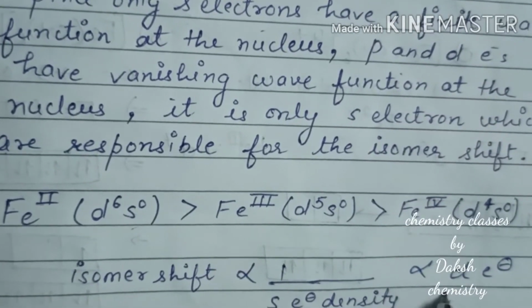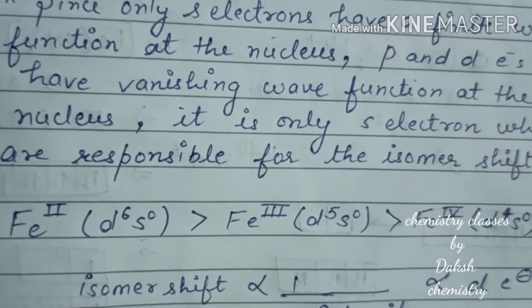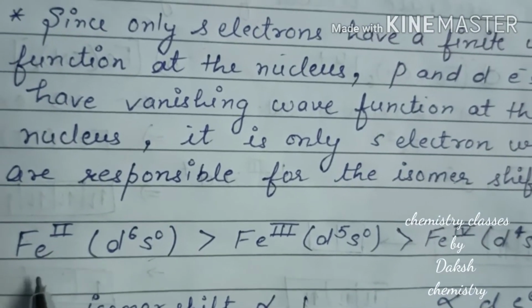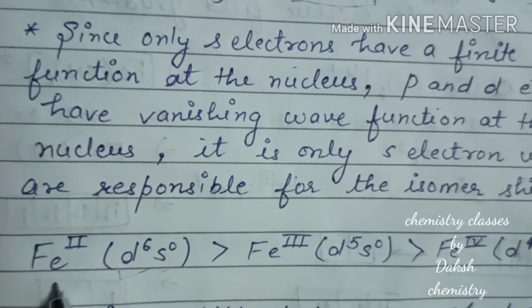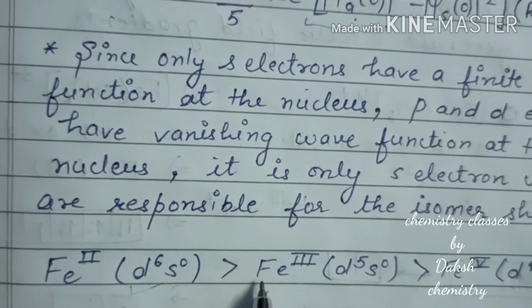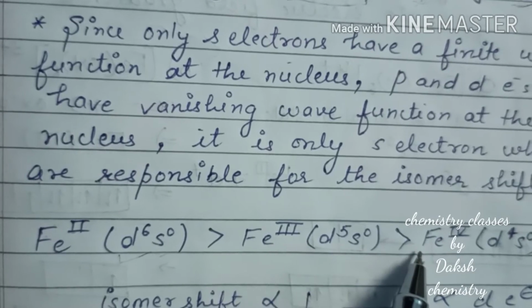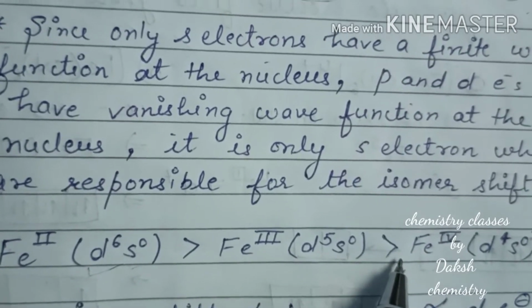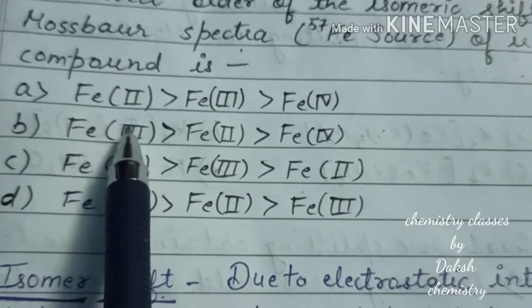Isomer shift directly depends on the d electron density and inversely depends on the s electron density. Here d electrons are more, so isomeric shift in plus 2 oxidation state is more than in plus 3 oxidation state, than plus 4 oxidation state. So our correct option is this one.